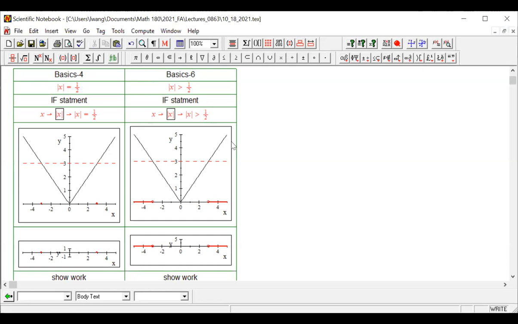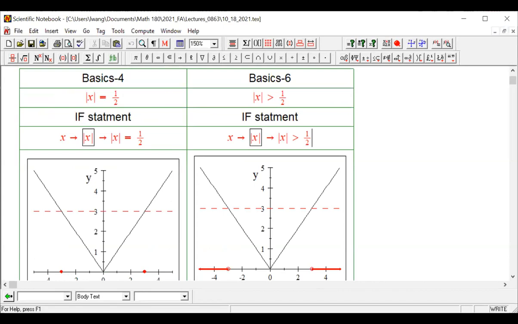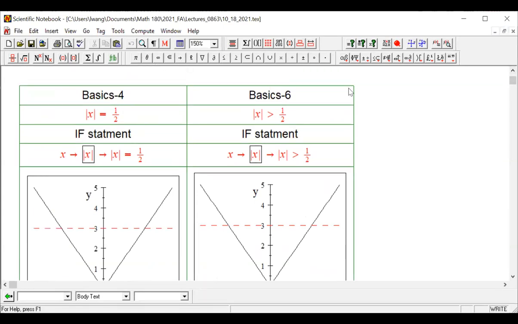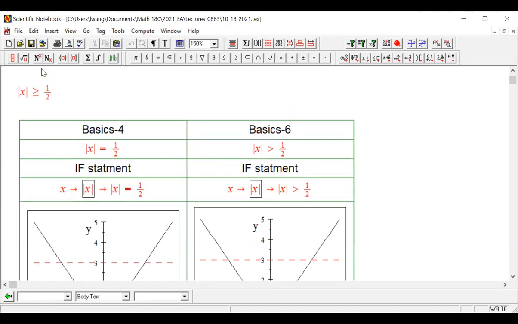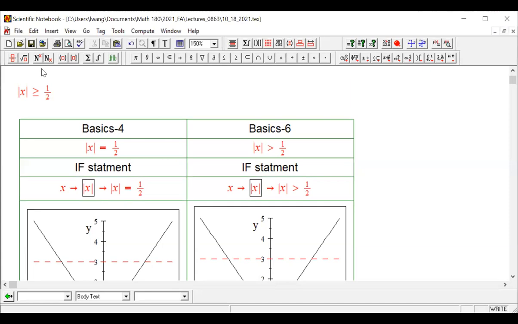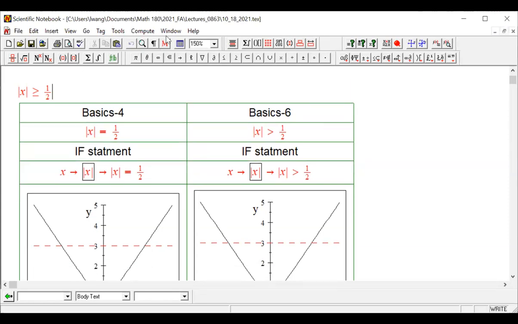Do you see the changes I made? Larger than or equal to half, meaning this symbol, what does this symbol mean?